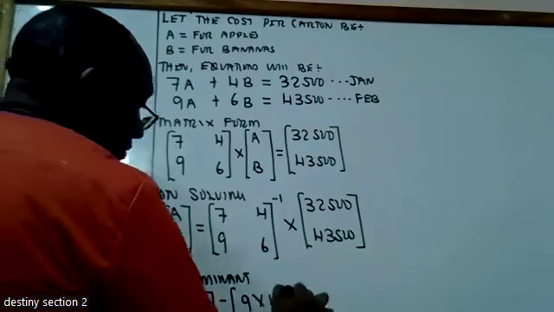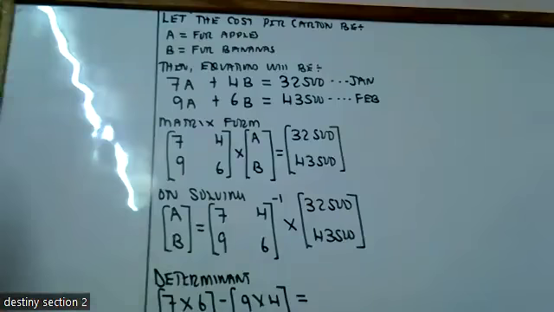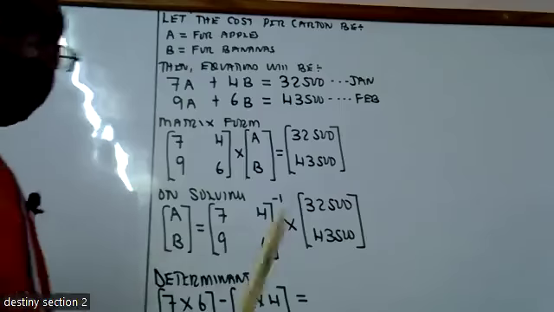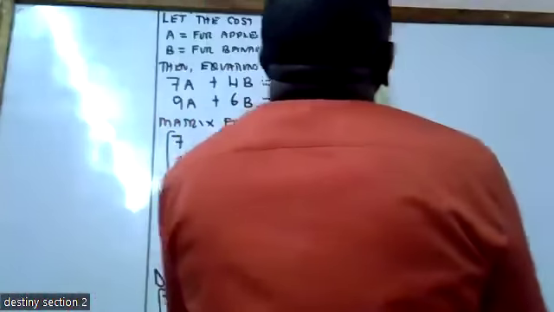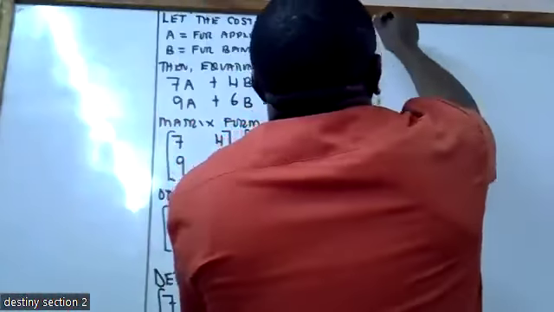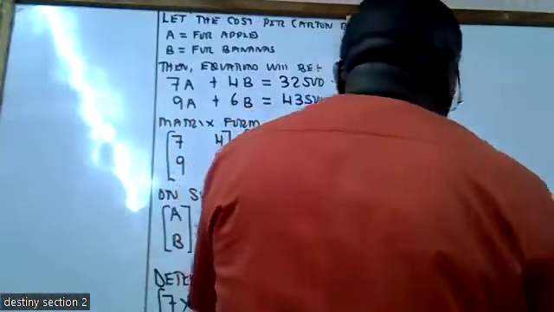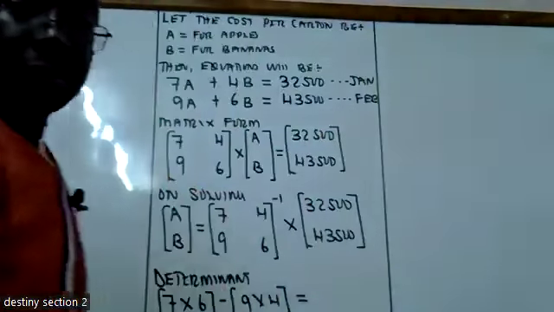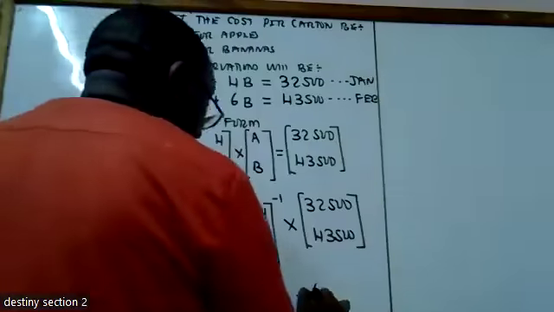So give me that answer. 7 times 6 minus 9 times 4. Yeah, that is giving us 6.